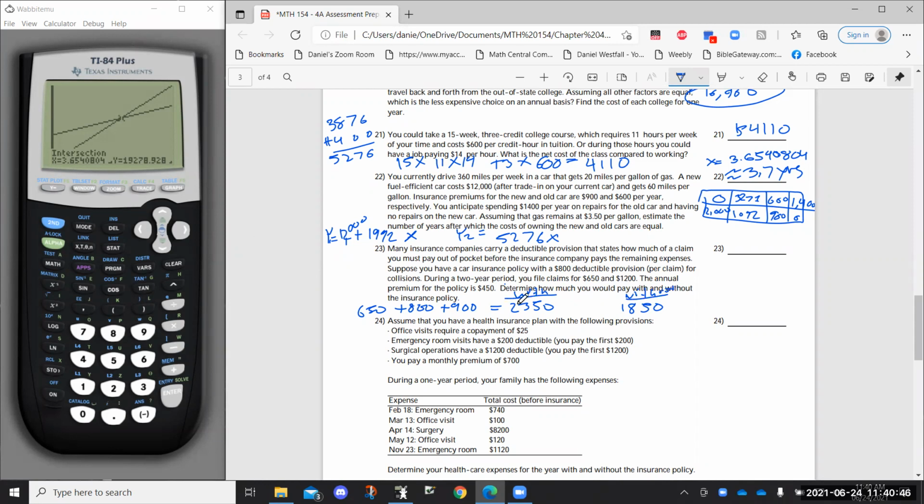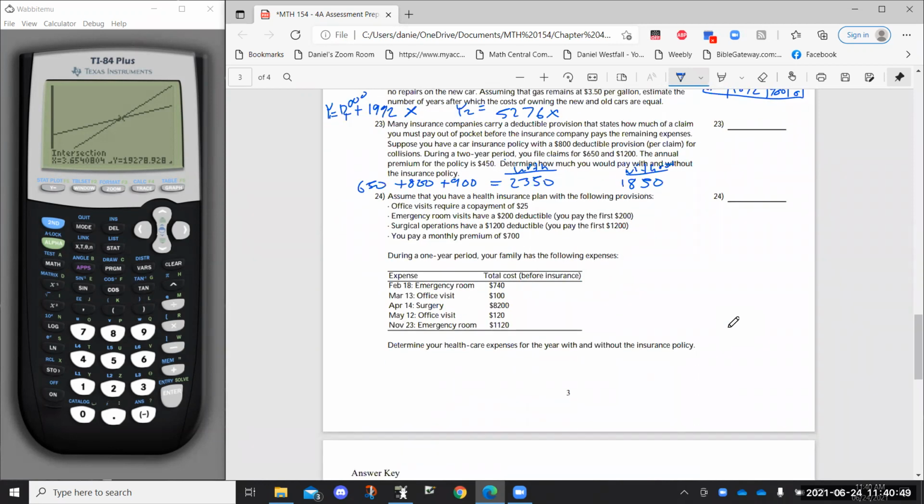Going to do something similar down here. Number 24. Let me check on that here. Yep, 24 says, assume that you have a health insurance plan with the following provisions, and it tells you all the rules, and then you have your expenses down there.